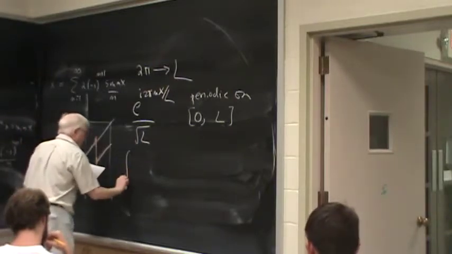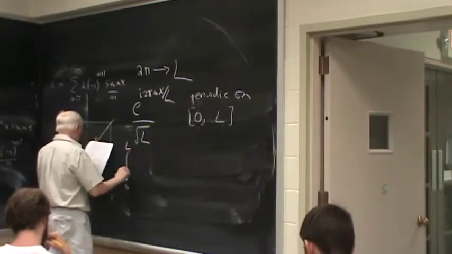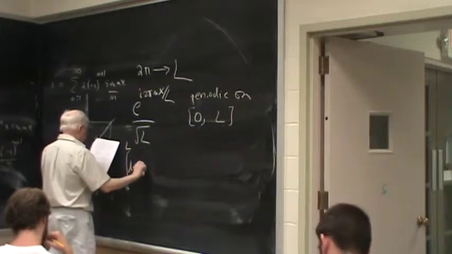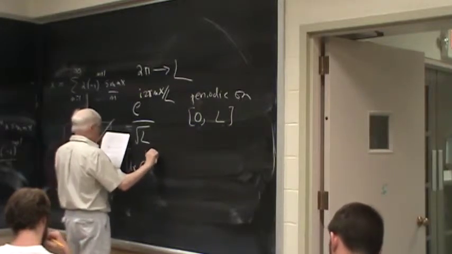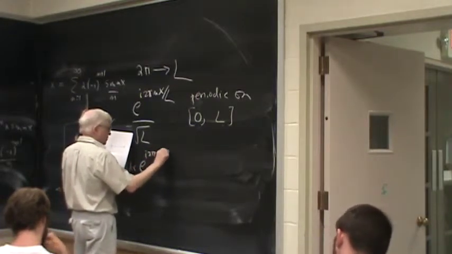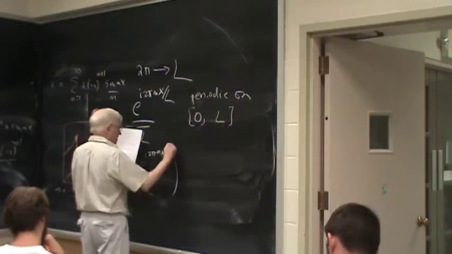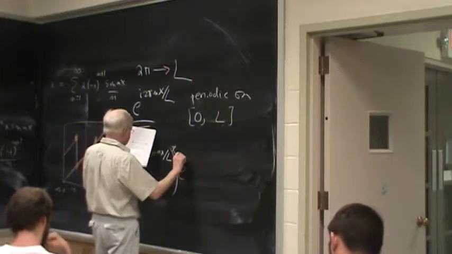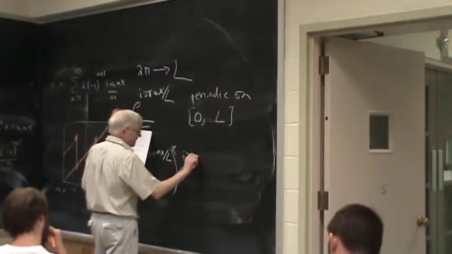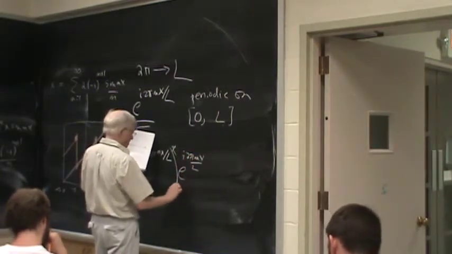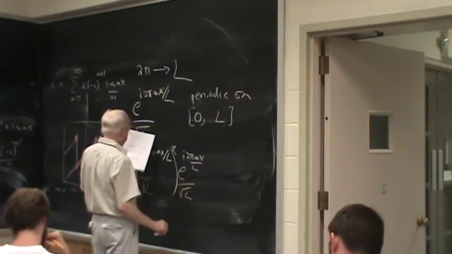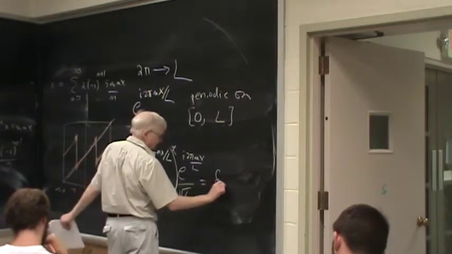The orthogonality relation is the integral from 0 to L dx of e to the i 2 pi n x over L divided by square root of L, complex conjugated, times e to the i 2 pi m x over L over square root of L, equals delta nm.